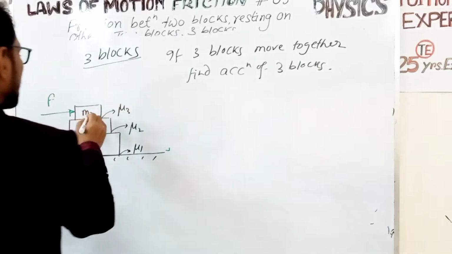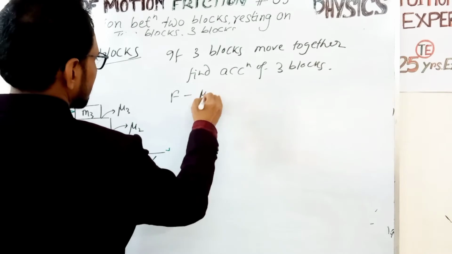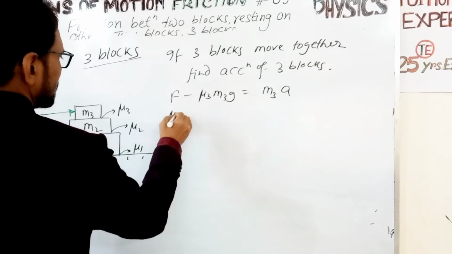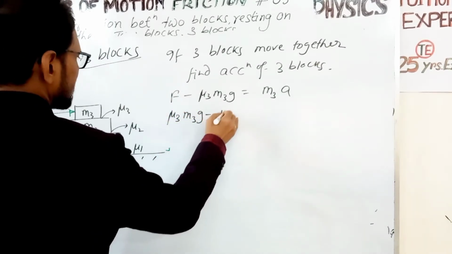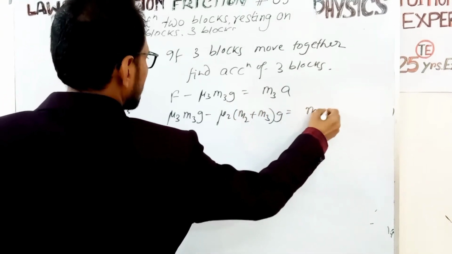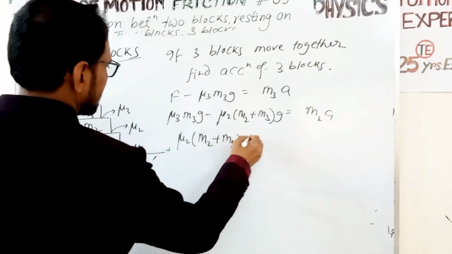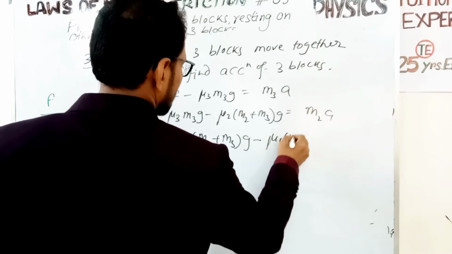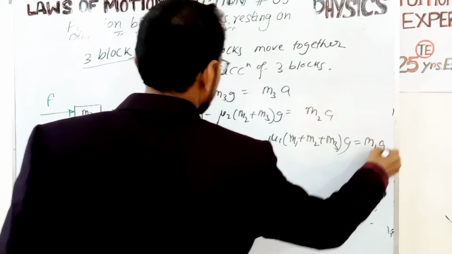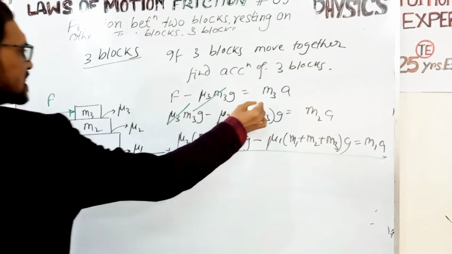So if the 3 blocks move together, then the equation of motion is F minus mu3 M3 G equals M3 A. Now here mu3 M3 G minus mu2 M1 G equals M2 A. Now for this, (M2 plus M3) G minus mu1 G equals M1 A. So just write the equations and add them. If we add, this cancels, this cancels.